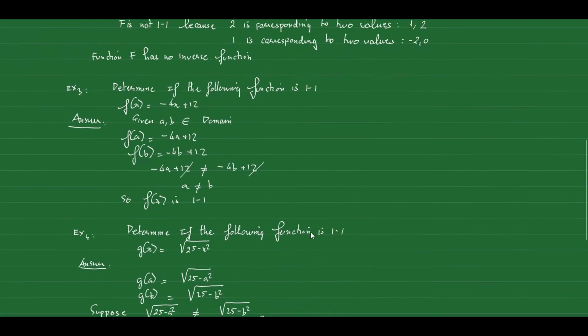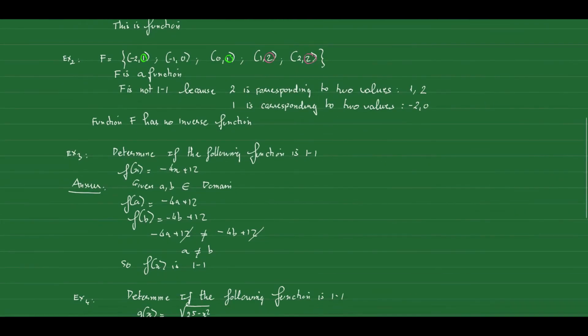Now, after we already know what a 1-to-1 function is, on the second part we're going to talk about the inverse function, its mathematical definition. An inverse function is a function that can be obtained graphically by drawing the image of the original function across the line y equals x.